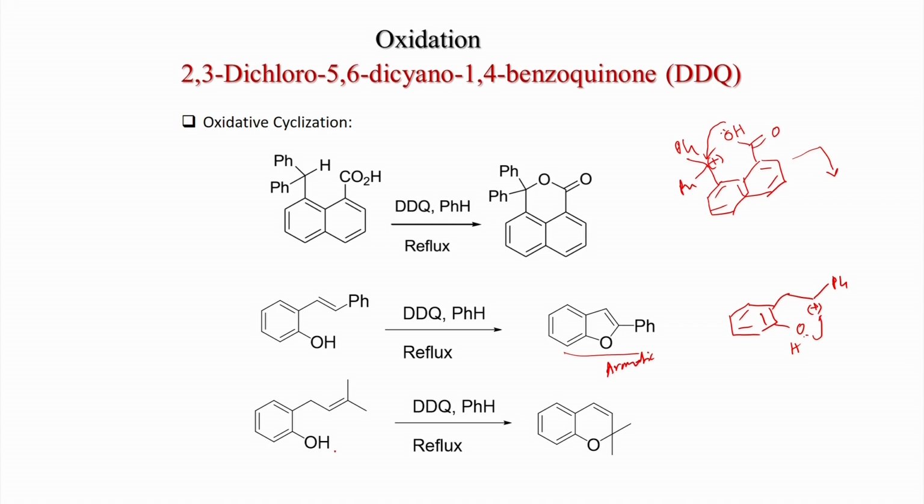And this compound, it has been found that when it cyclizes, then the double bond isomerized, and you get this 6-member ring.